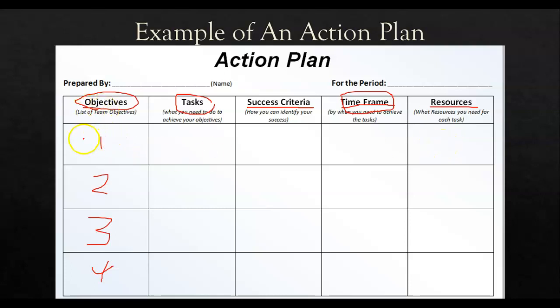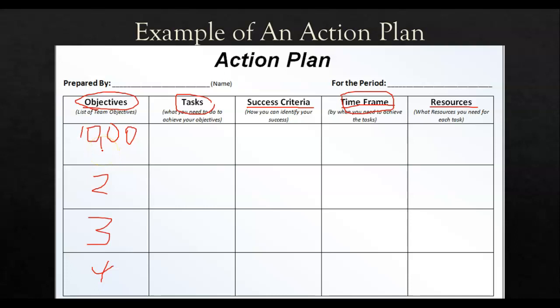So let's assume that you are in a bakery business. All right, so number one, what's your weekly objective? Maybe your weekly objective, number one, is to distribute, let's call it 1,000 pieces of bread.